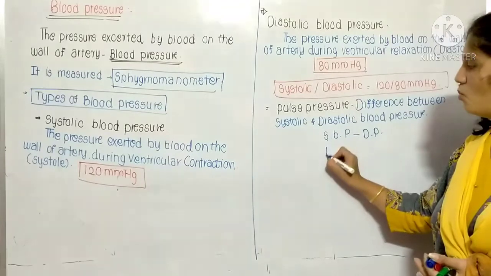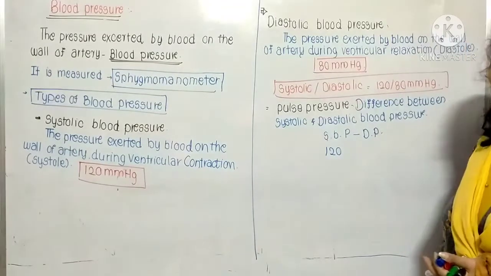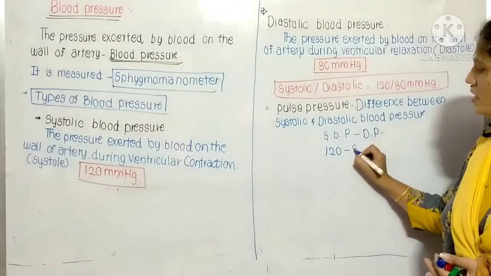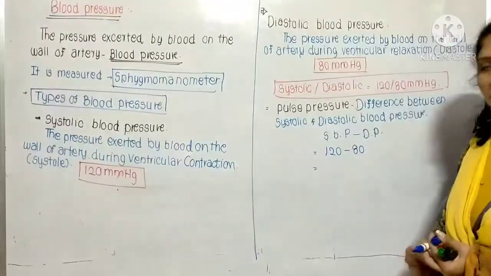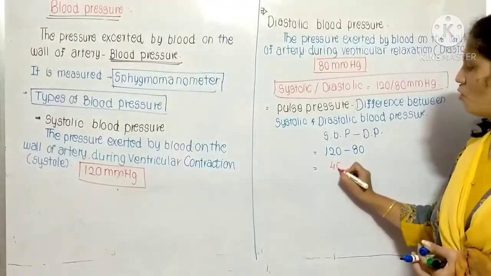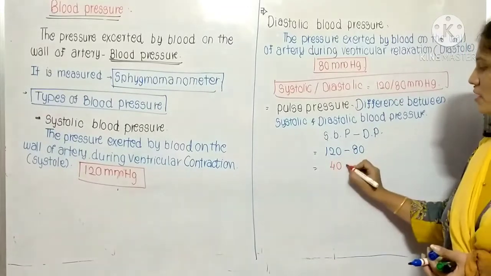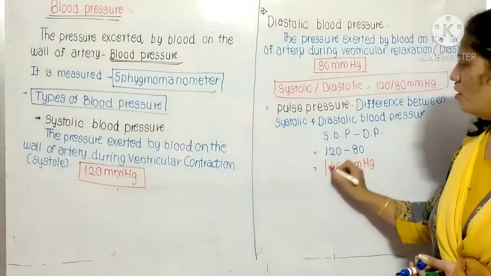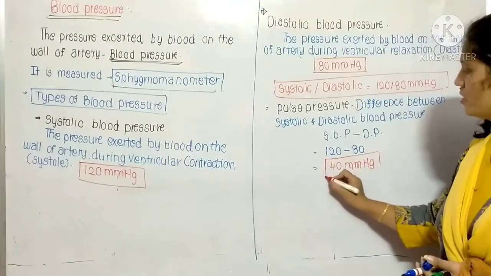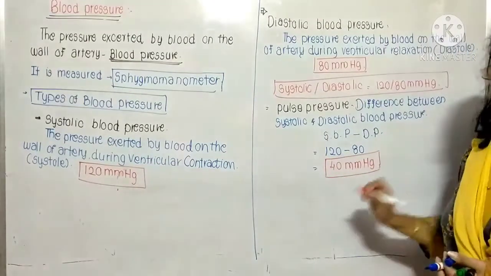Systolic is 120 mmHg and diastolic is 80 mmHg. So the difference is 40 mmHg. Normal pulse pressure is always 40 mmHg.